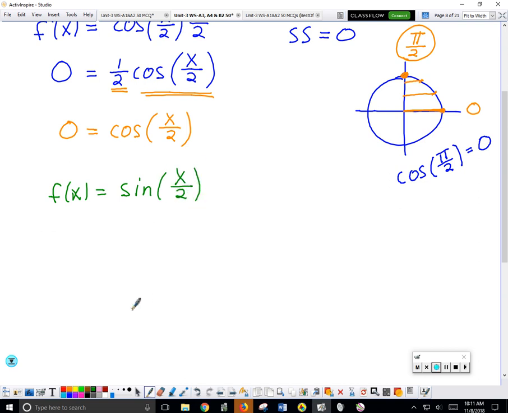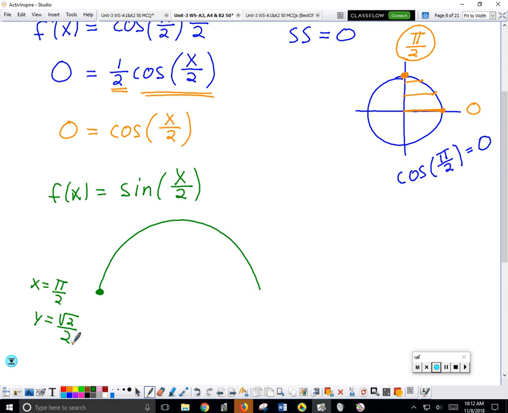We started with this function, f of x is equal to the sine of x over 2. We don't really know what it looks like, but it turns out it's going to look something like this. Because the point over on this end is an x-coordinate of pi over 2 and a y-coordinate of root 2 over 2.